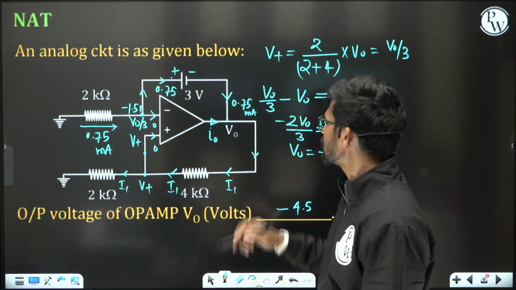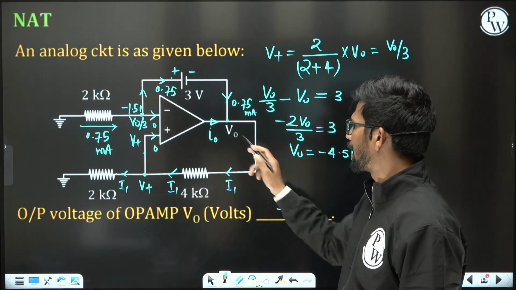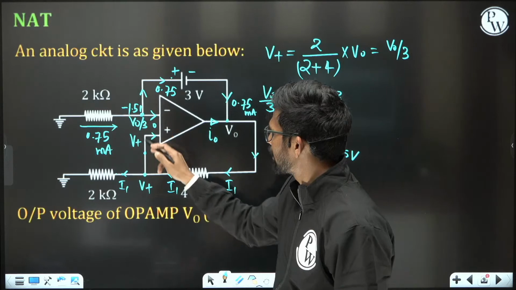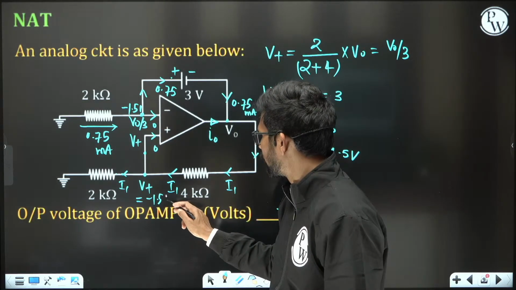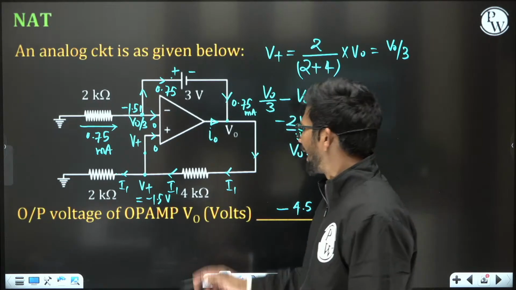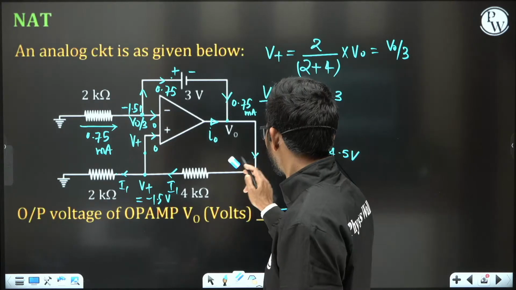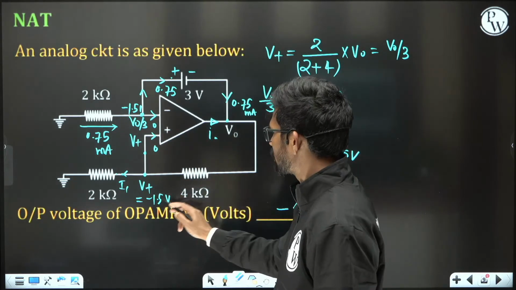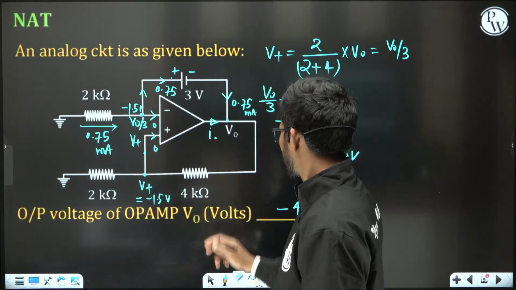Now this V0 is minus 4.5. This V plus is nothing but V0 by 3, so this V plus is also minus 1.5 volt. So I can find this current. Current will actually go in this direction, not in this direction, this I1, because minus 1.5 is a higher voltage compared to minus 4.5.